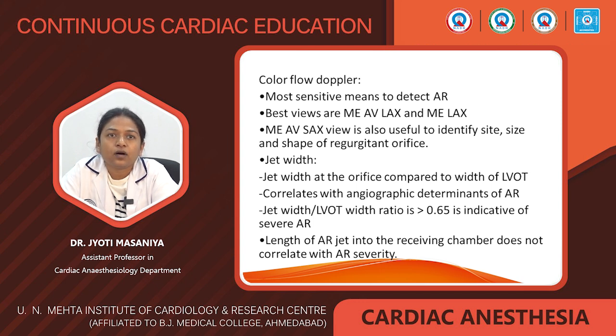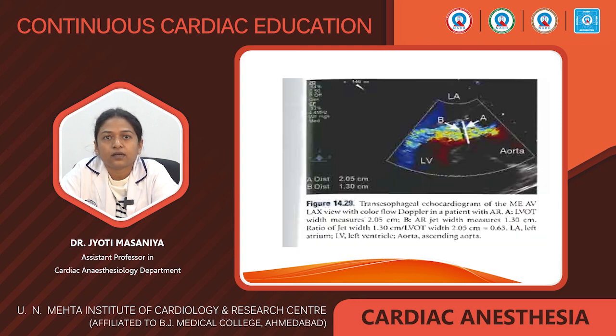In this view, by putting color, we can measure the jet width, and this jet width compared with the aortic width, this ratio correlates with the angiographic determination of aortic regurgitation, and if this ratio is more than 0.65, then it is suggestive of severe AR. Length of the AR jet into the receiving chamber does not correlate with the AR severity.